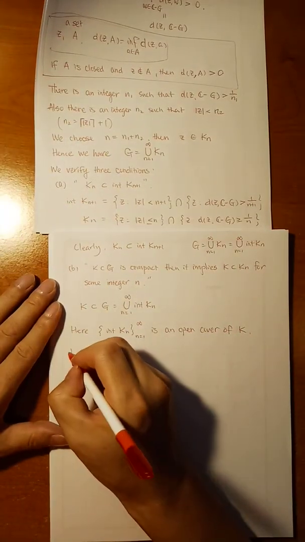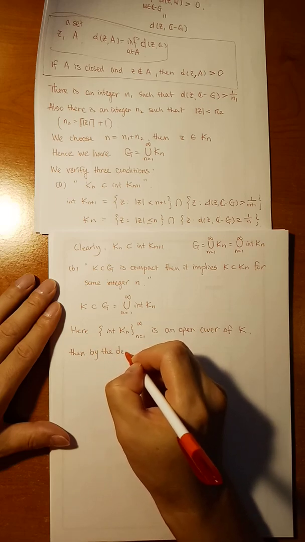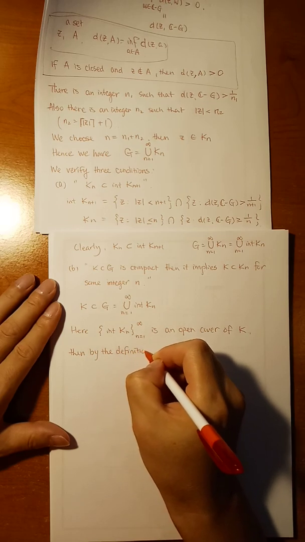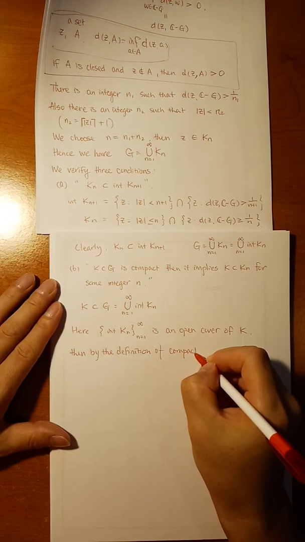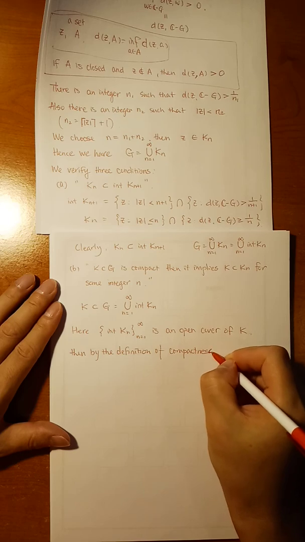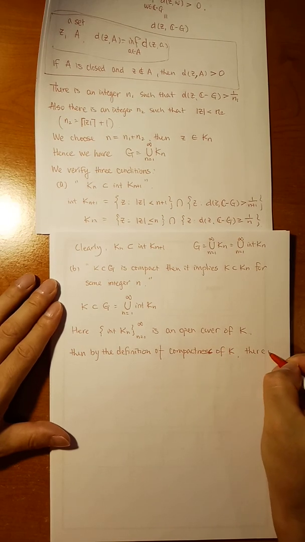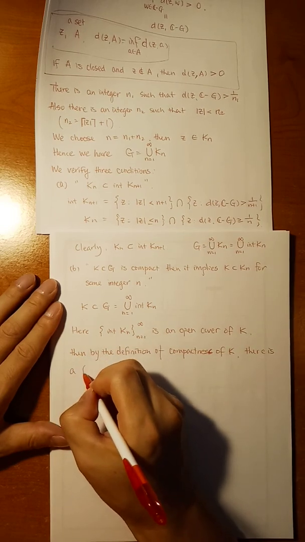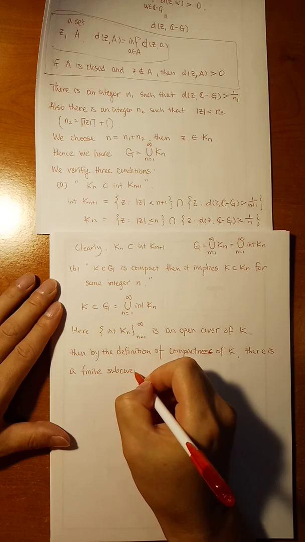Then, by the definition of compactness of K, there is a finite subcover.